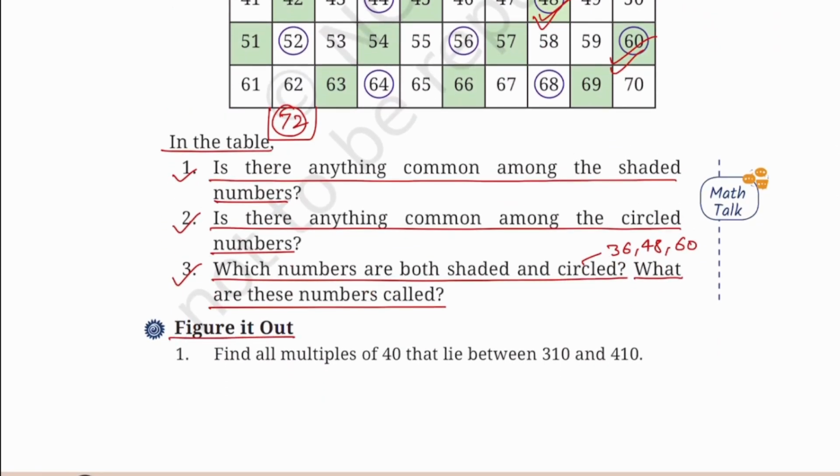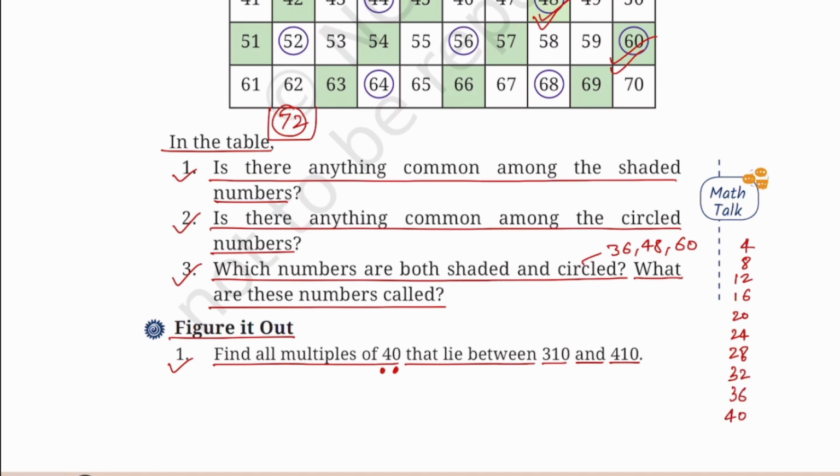Figure it out. 1. Find all multiples of 40 that lie between 310 and 410. Since 40 has 0 at its units place and 4 at tens place, the multiples of 40 will be similar to that of 4. Like this.